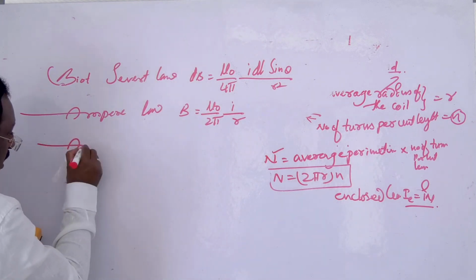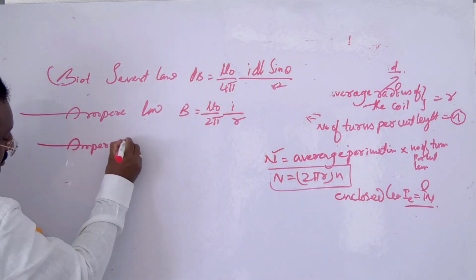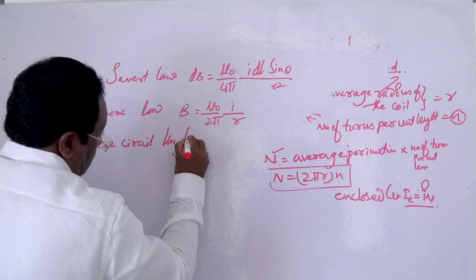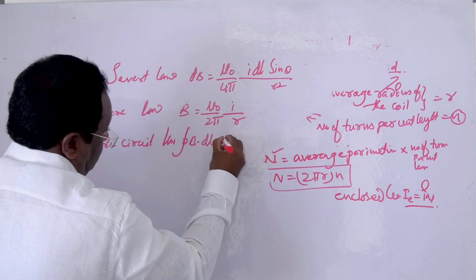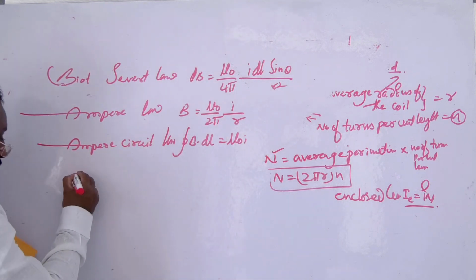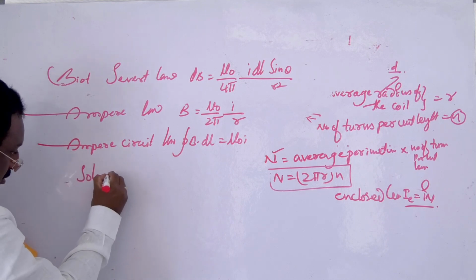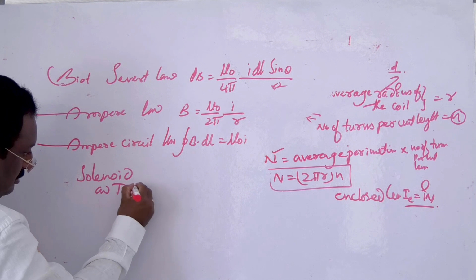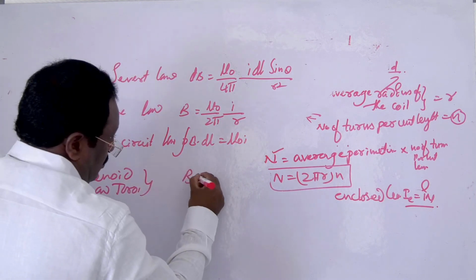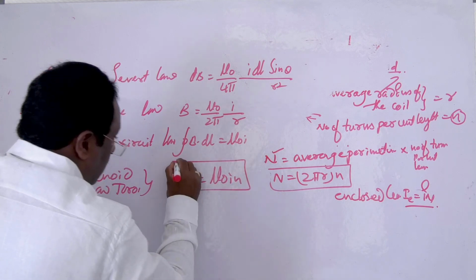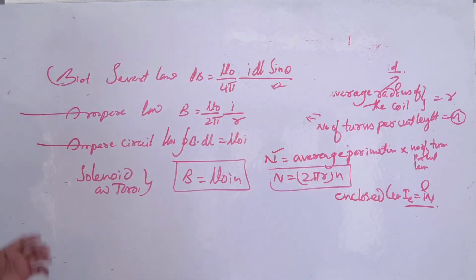Ampere's circuit law, now the magnetic field in a solenoid and toroid, mu naught I n. So far we have studied the magnetic field in those three cases.